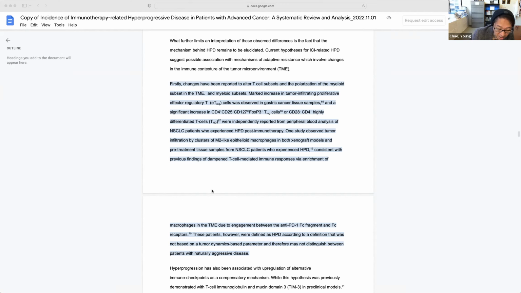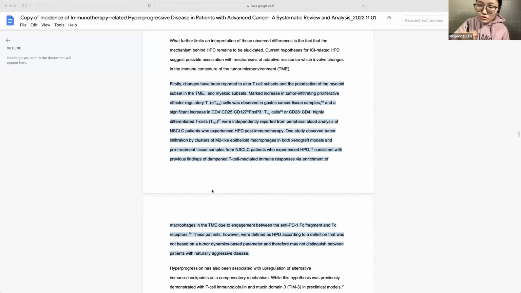And then these patients, however, were defined as hyperprogression according to a definition that was not based on a tumor dynamic based parameter, and therefore may not distinguish between patients with naturally aggressive disease. Can you explain this? The reason why people started using tumor growth kinetics was that they said, if you just look at size changes, then you're not going to be able to differentiate whether it's hyperprogressive disease or whether the tumor is naturally aggressive.